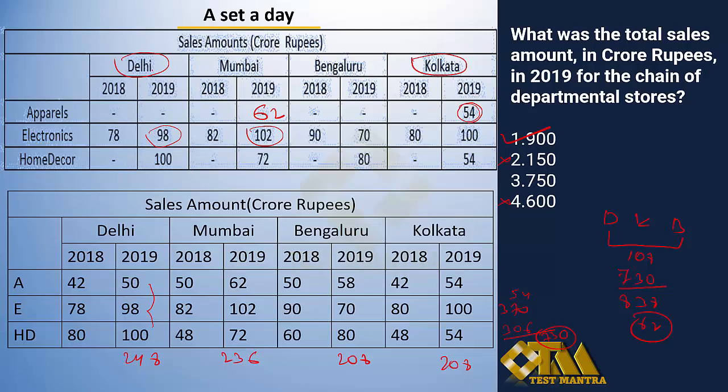The difference, sorry, not summation, the sum of the differences here was supposed to be 20.